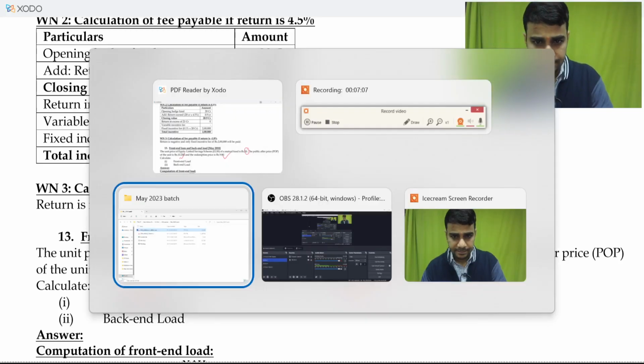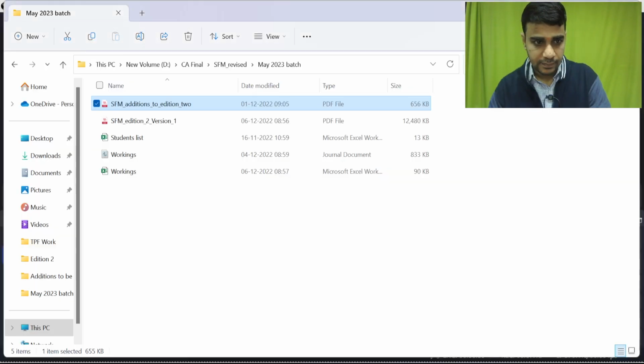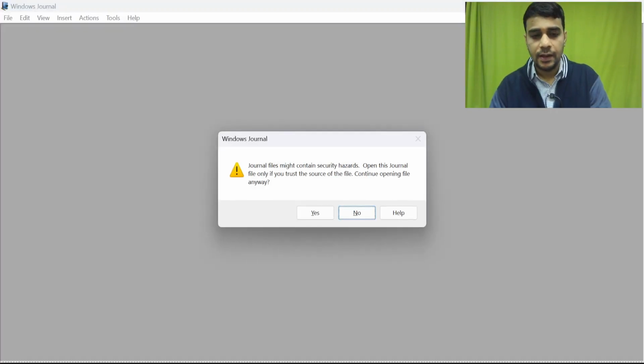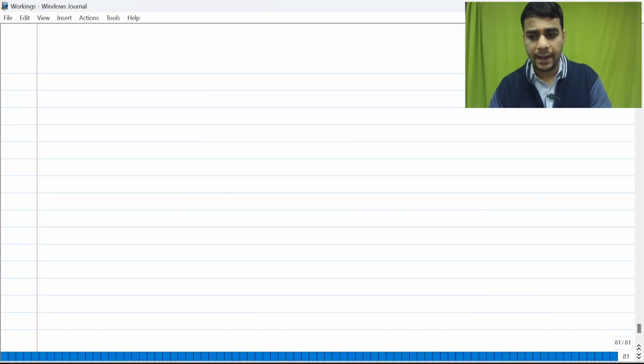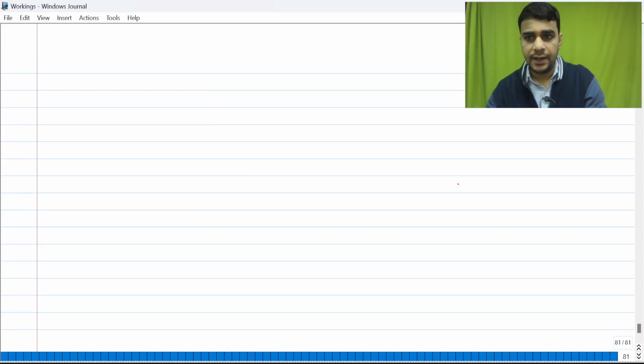Let's write. Computation of front end load and back end load.